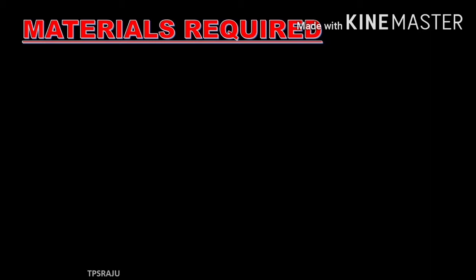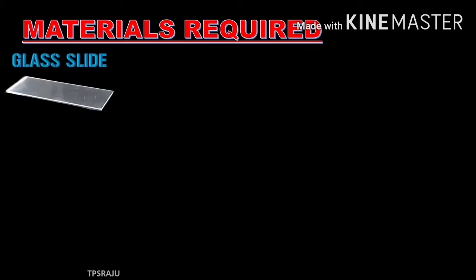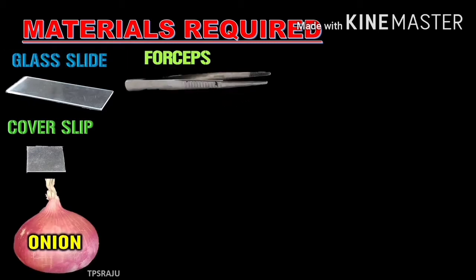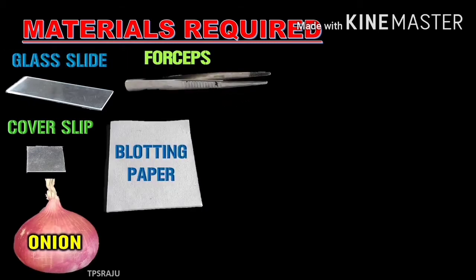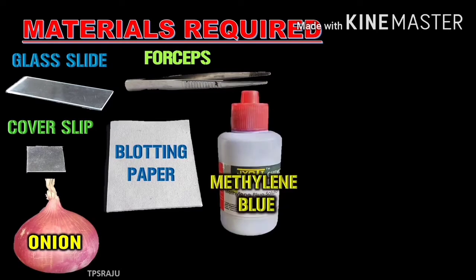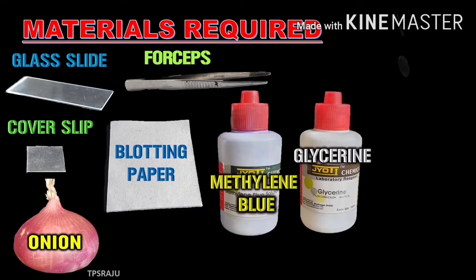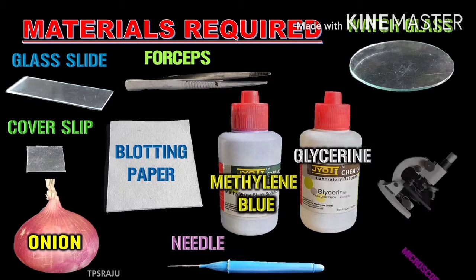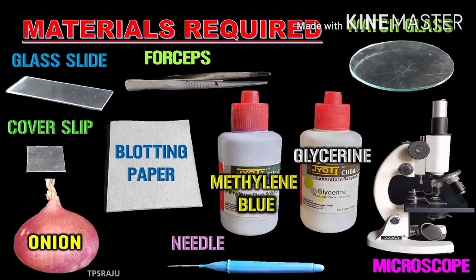For doing this experiment, we require some materials such as glass slide, cover slip, onion, forceps, blotting paper, methylene blue, glycerin, watch glass, needle and microscope.